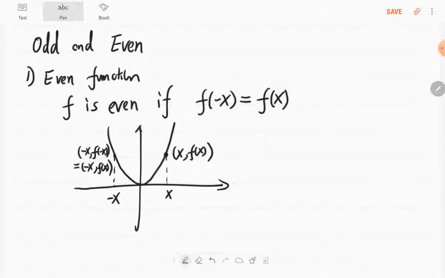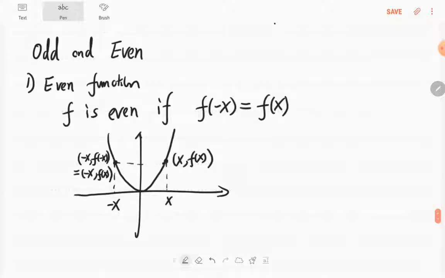So they share the same y values, but the x values are opposite. So this is called an even function. The even function is symmetric about the y-axis from the graph.